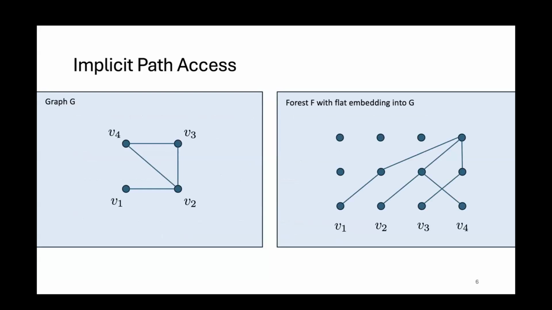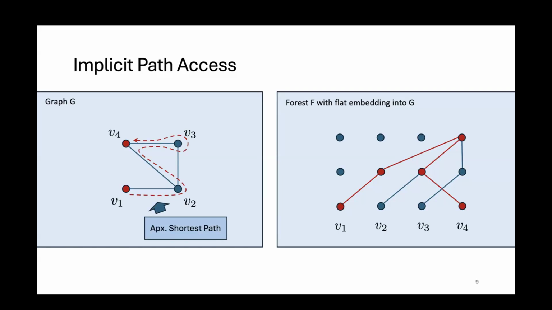This means that a forest F is explicitly maintained in memory, and this forest F has a flat embedding into G. With a flat embedding, we just mean that every edge in the forest directly maps to a single edge in the graph G. Furthermore, after every distance query, like let's say from V1 to V4 in this case, the algorithm returns pointers to two vertices in this flat embedding forest F, such that the unique forest path between these two vertices, when mapped back to G, witnesses the approximate distance returned by the algorithm.